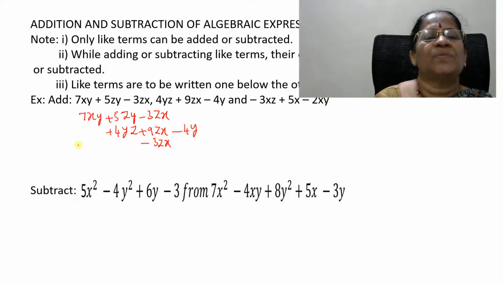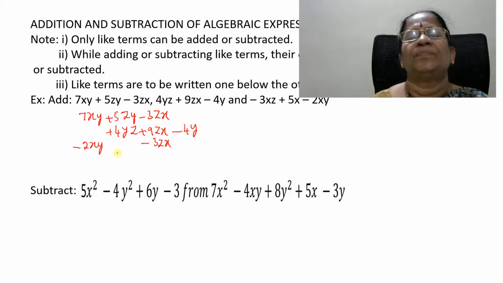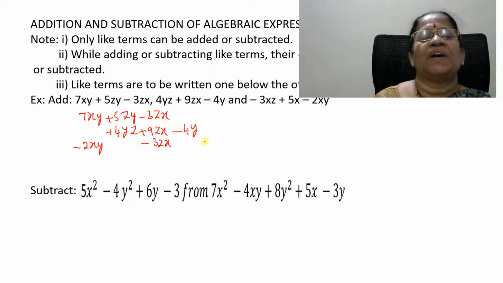Minus 2xy plus 5x. You need to write plus 5x. You have to write the like terms one below the other.